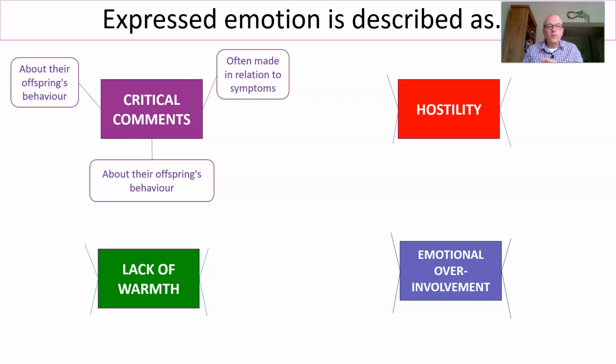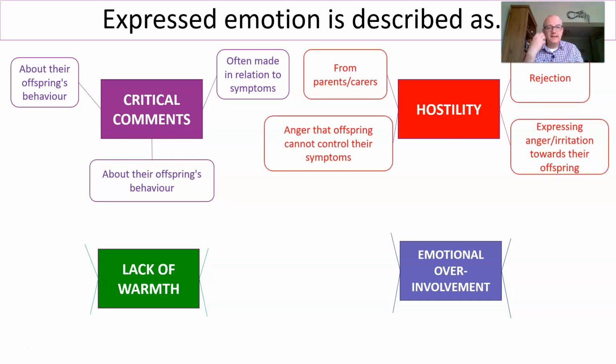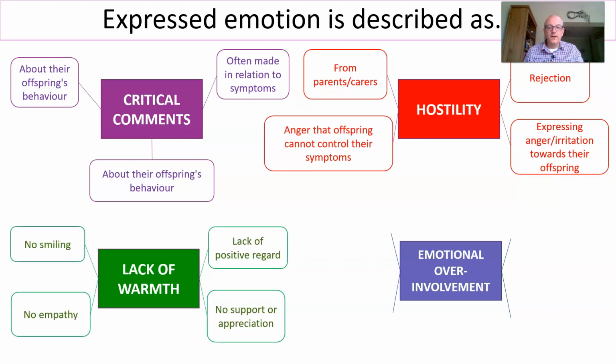Okay, let's take a look at what we mean by some of these. So what I would like you to do is have a look through these ideas. Critical comments, often from parents. The same with the hostility, this kind of rejection that's going on, a lack of warmth and positive regard, meaning that when you have positive regard for someone, you respond positively to them, you listen to what they've got to say, you appreciate them being there.